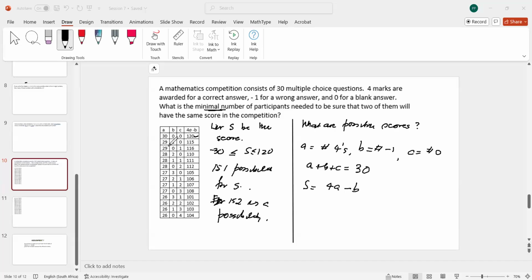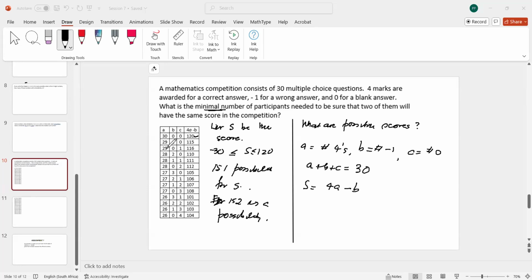But if you got 29 A's, B can be only 1 or 0 because the sum must be 30.